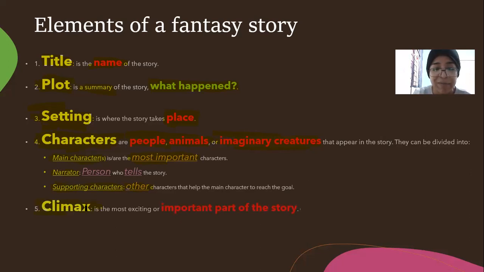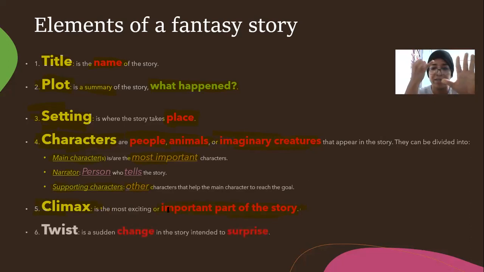Aquí tenemos el climax is the most exciting or important part of the story. The most important part of the story. Number 6 is the twist. Twist, it's a change, un cambio, or a surprise in the story, okay? Una surprise in the story.